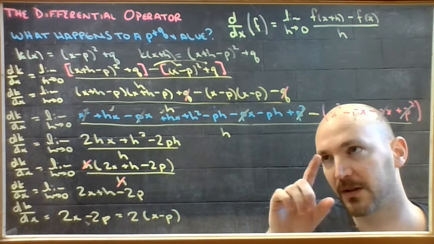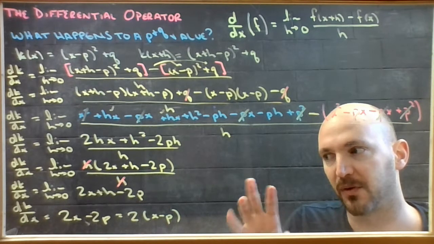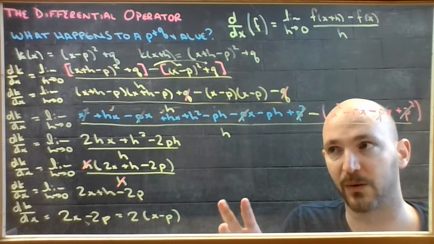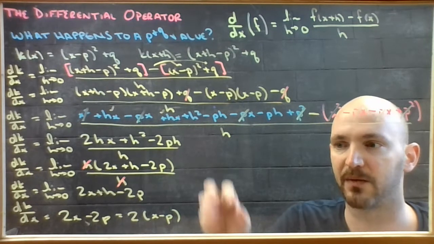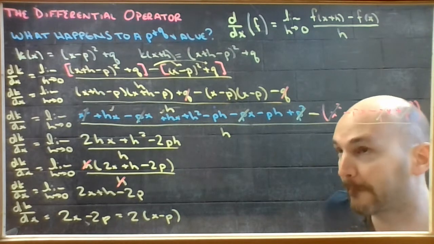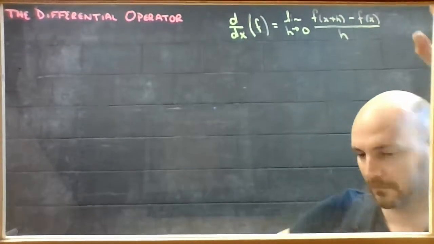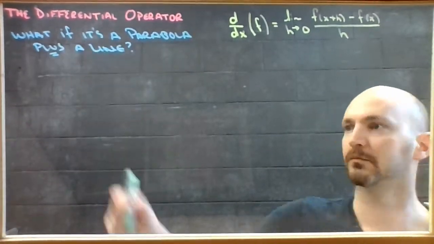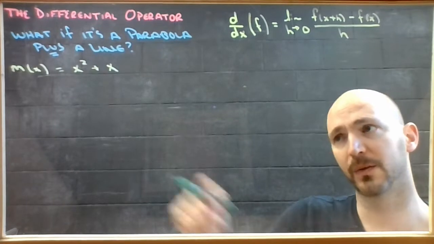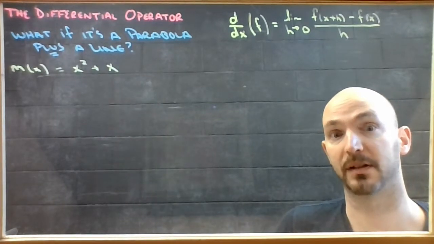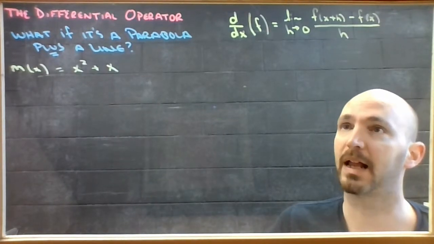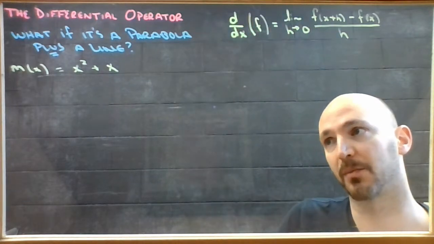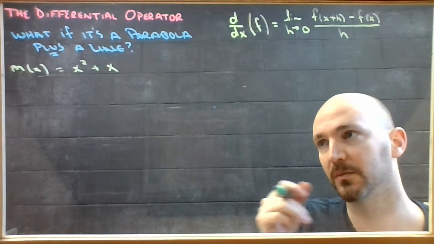So the last thing I'm going to do here is a parabola in standard form so that we can see what happens when you have a function plus a function. So this is starting to look like a parabola in standard form. So what happens when we apply the differential operator to a parabola in standard form?